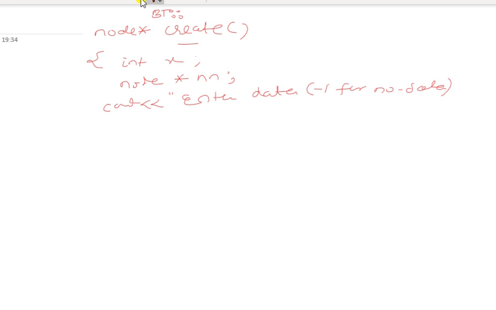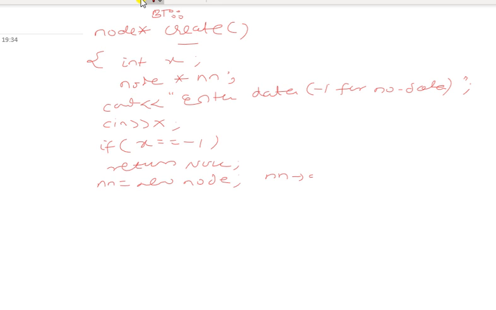This way we are using it, it is just a convention. Then you will input that x. If you inspect, if x equals -1, it means there is no node, so you return null here. And then the new node you will create, nn is equal to new node, that you will update. nn data will be your x.